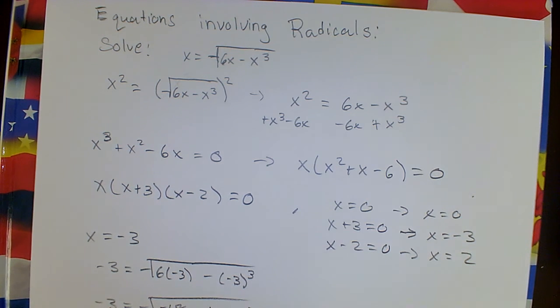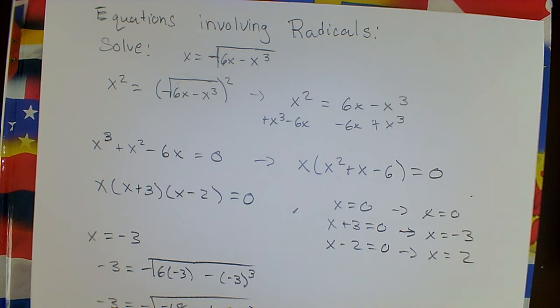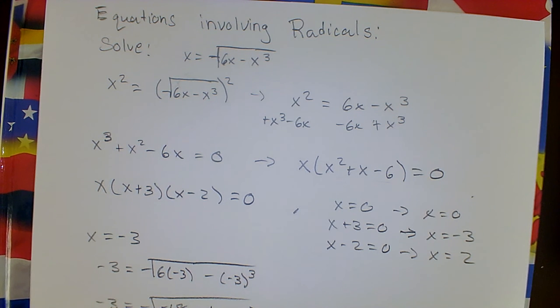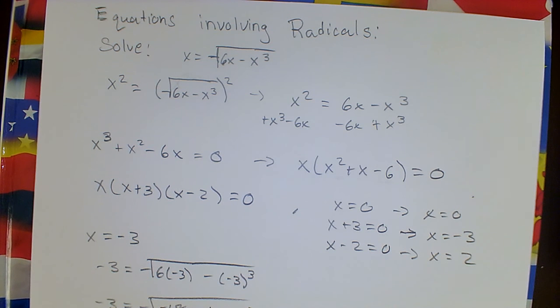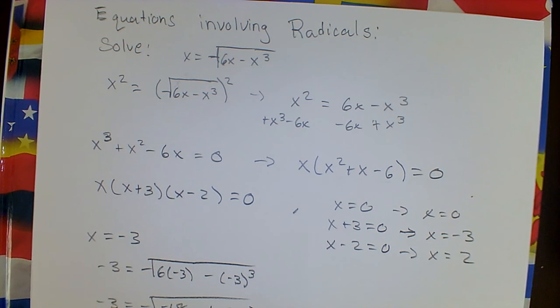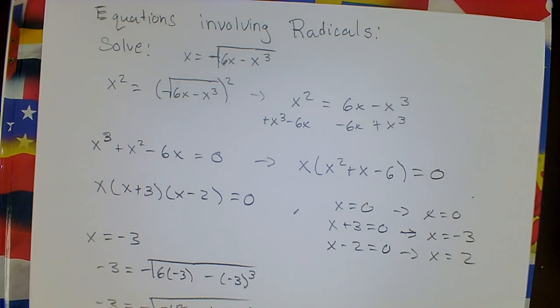Negative 3 is equal to the square root of 9. This one doesn't work, because it says negative 3 is equal to 3, and that's not true.